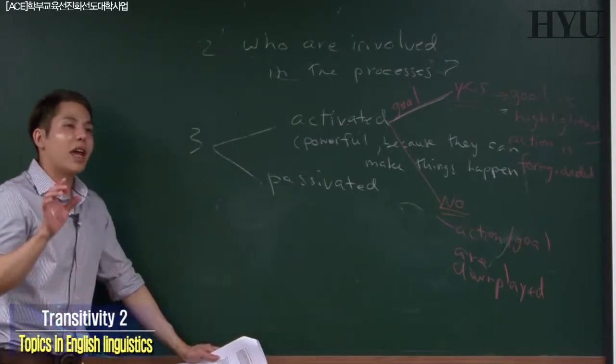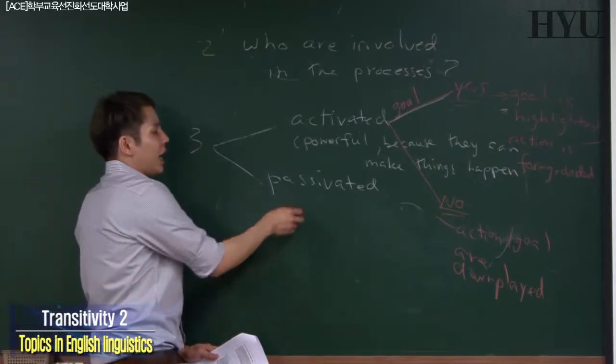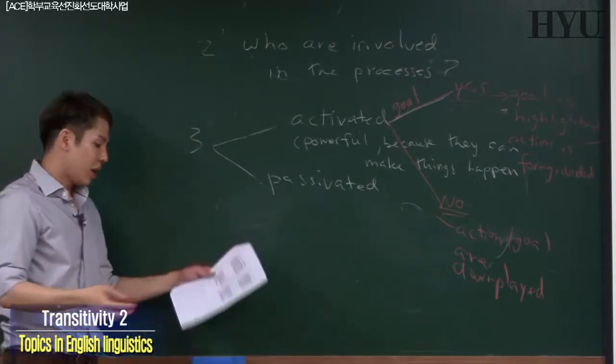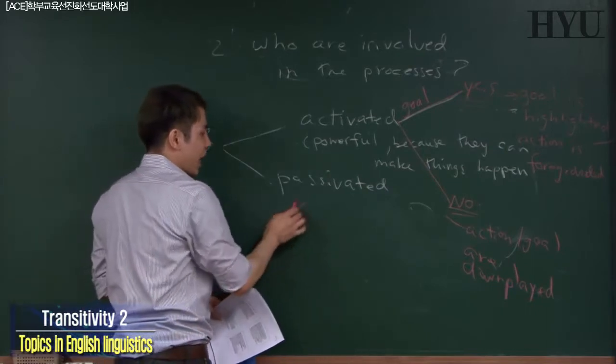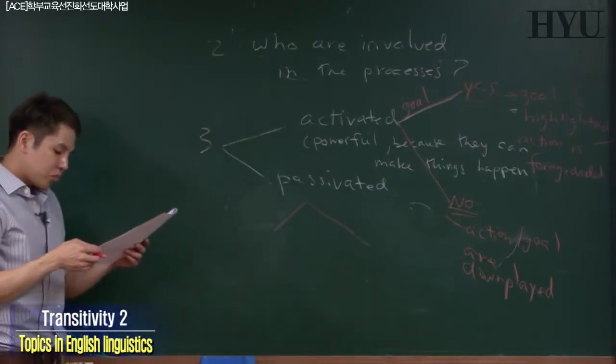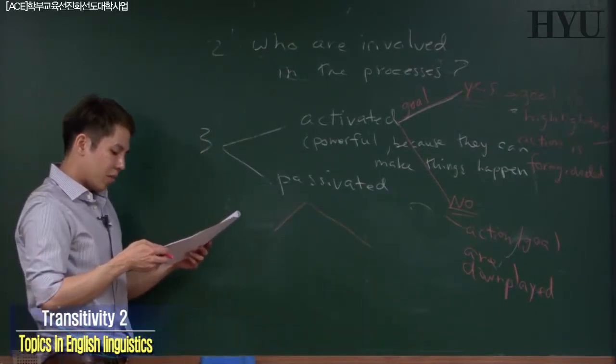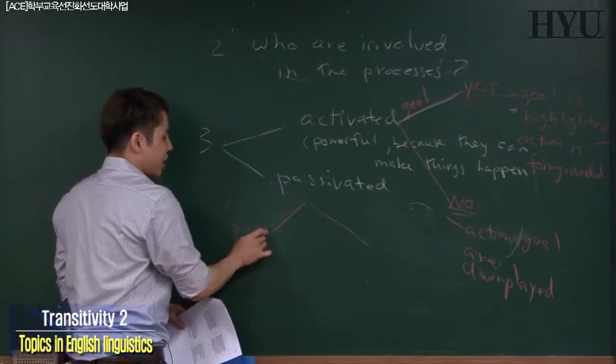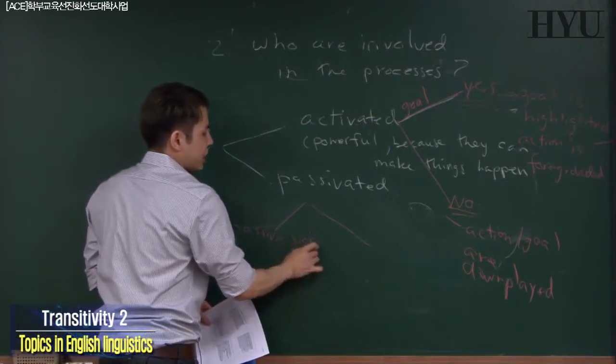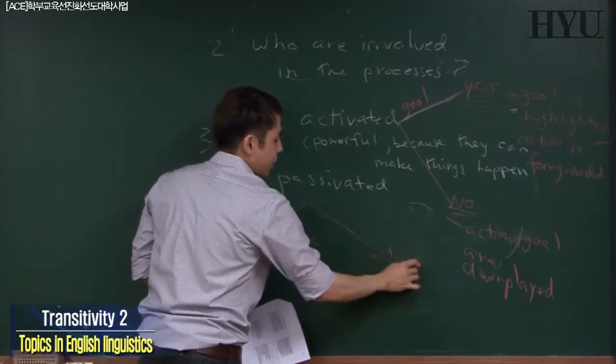On the other hand, if you have a passivated agent, an agent who doesn't cause things to happen, what you could do is to ask whether it is the passive voice or the active voice, right?